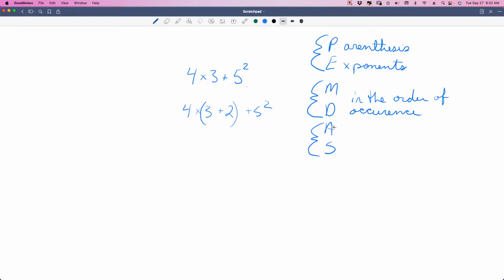So you see they're kind of in pairs. You've got 3 rules, and this is in the order of occurrence. Actually, you kind of ought to know what they are, right? So this is multiplication. And this is division. This is addition. And this is subtraction.